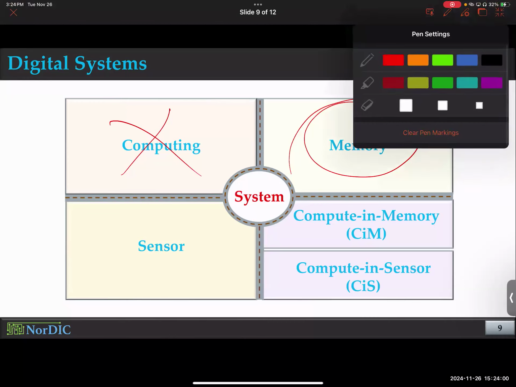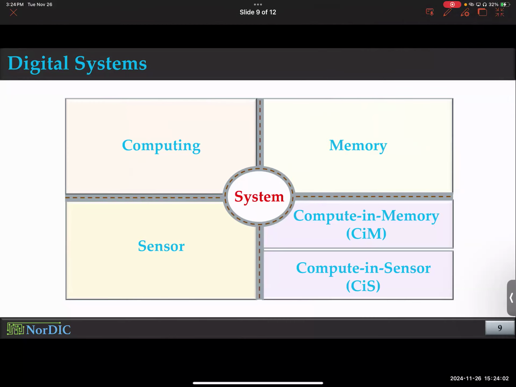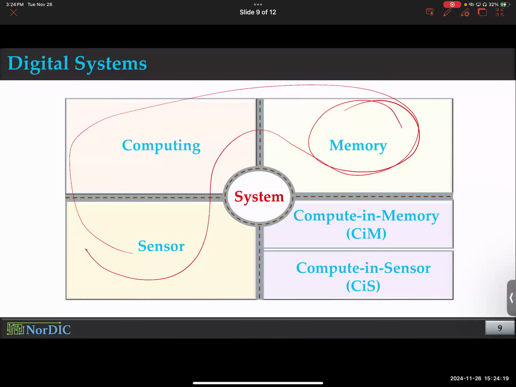Even in processors, Core i7, for example, there are built-in memories inside the processor. They're called cache memories. You'll see in the specs, like this much cache. And beyond cache, there are storage plus memories. So memories are a very big part of electronics. In systems like autonomous vehicles, you have to keep sensing your surroundings, take in information.